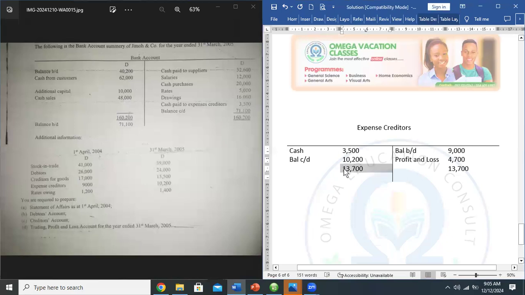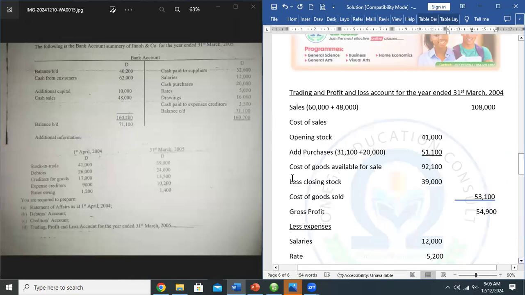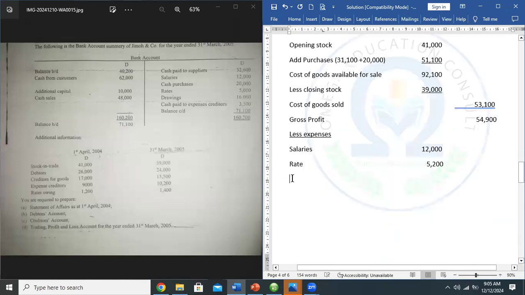Let me underline the figures, the total especially, and bring down my figure. So we go into our profit and loss and put in the 4,700 as the expense.